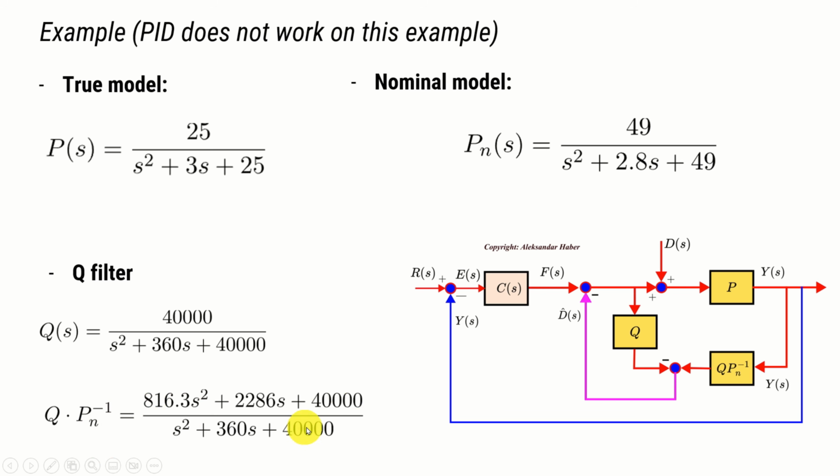And this expression is a proper transfer function. Consequently, this transfer function and the corresponding filter can be implemented in hardware. And this is a very important requirement. That is, the relative degree requirement for our Q filter enables us to actually implement the filter in practice.